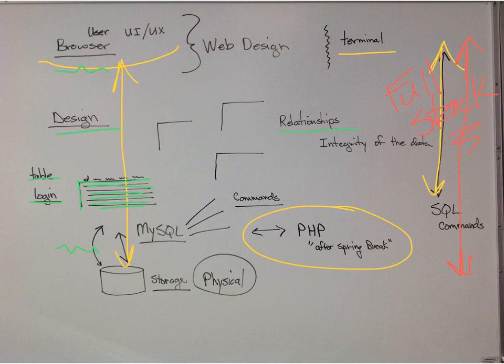I made the comment of how these things stack on each other. The browser stacks onto the design, which then communicates with the MySQL, and you write code in order to do that. You can write some JavaScript up here to make your user interface easy to use. So understanding all of that would be considered a full stack developer.